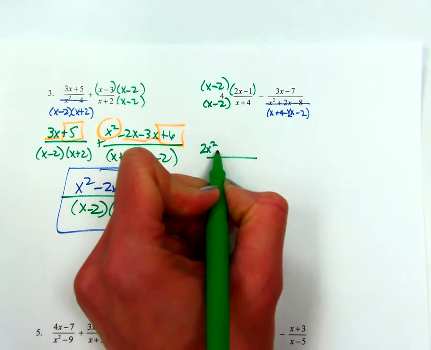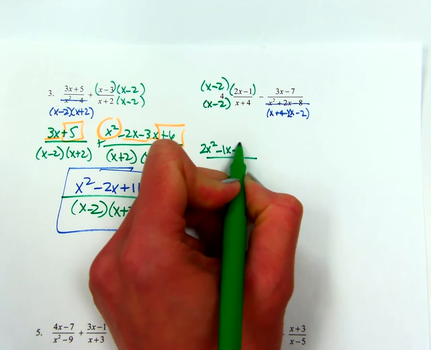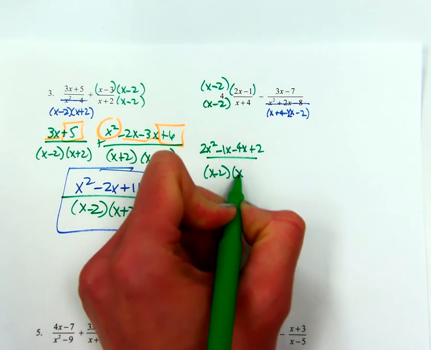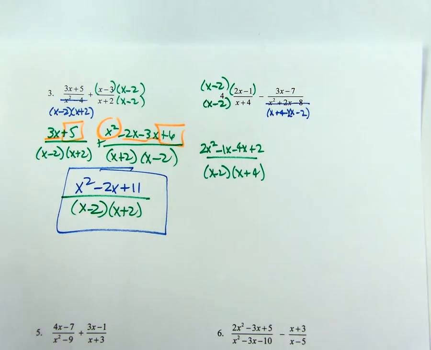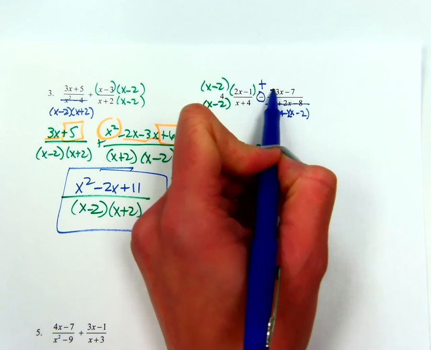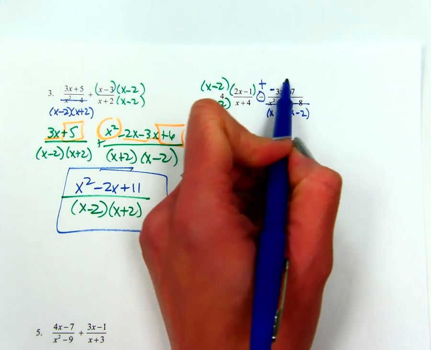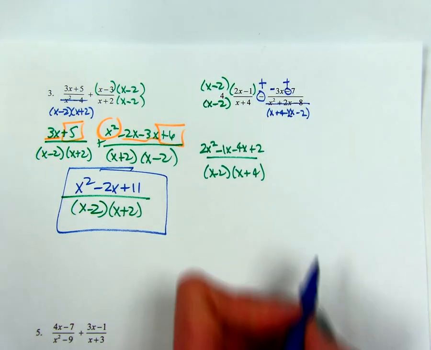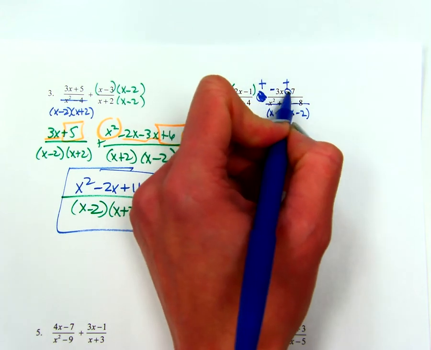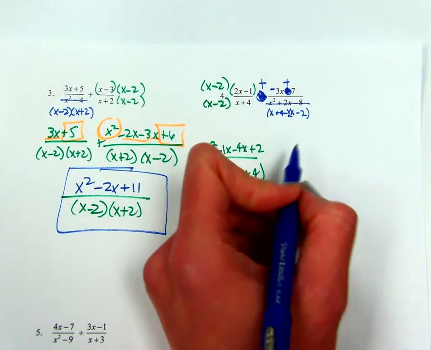I have 2x squared minus 1x minus 4x plus 2 over x minus 2, x plus 4. And then I am going to change this negative sign to plus, negative, positive. So I'm just going to change all my signs here. All right, so I'm looking at this as plus a negative 3x plus 7.